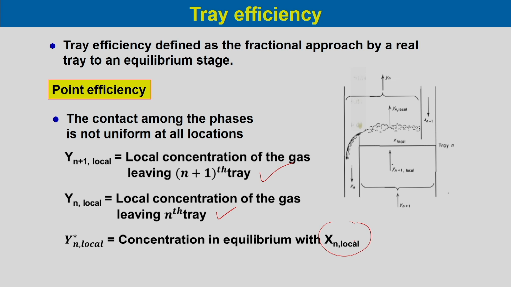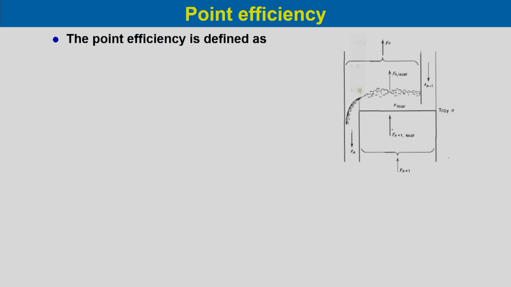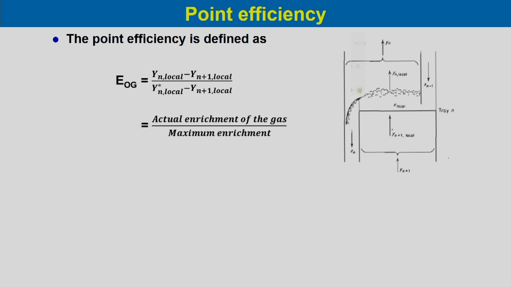So, with this nomenclature we can write the point efficiency as EOG equal to Yn local minus Yn plus 1 local divided by Yn star local minus Yn plus 1 local. The numerator is the actual change in the gas concentration divided by the maximum change possible.